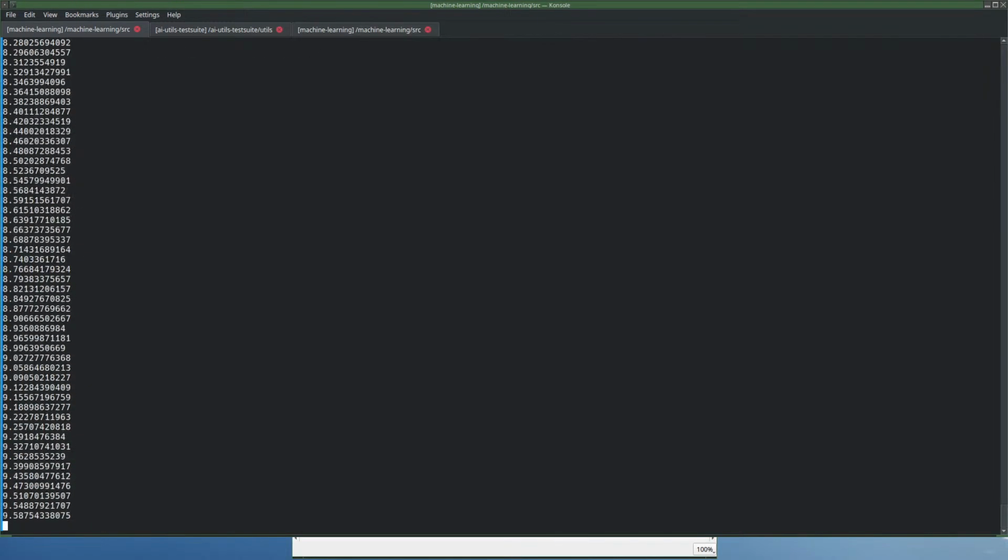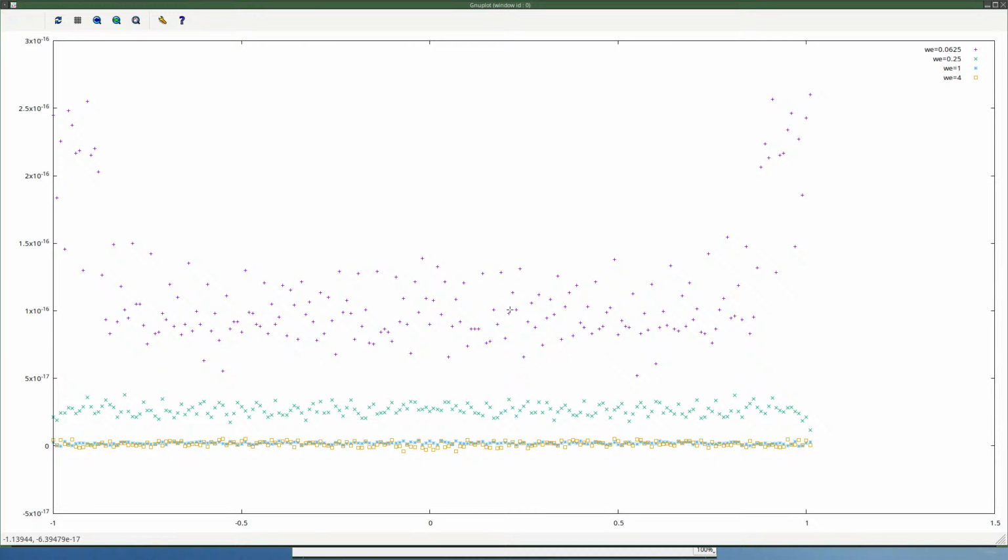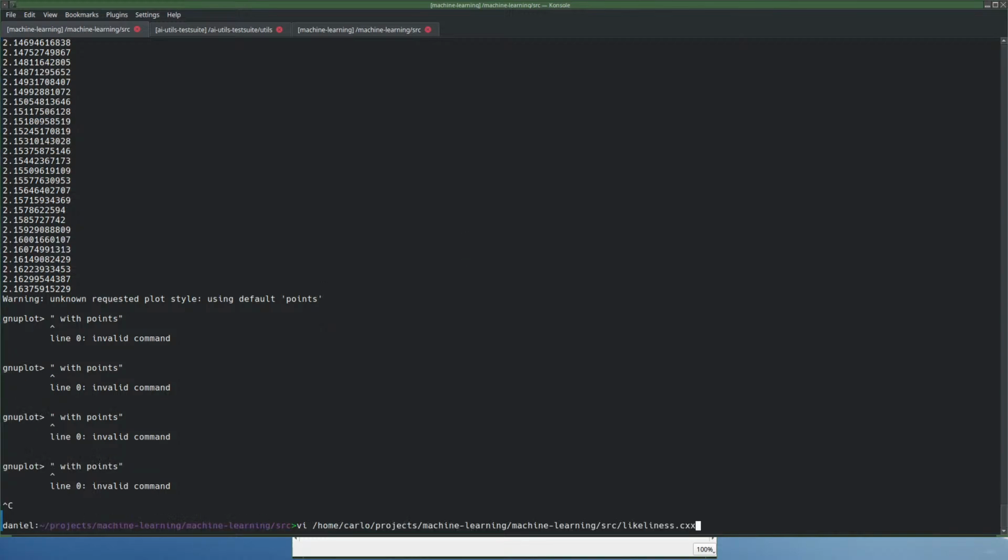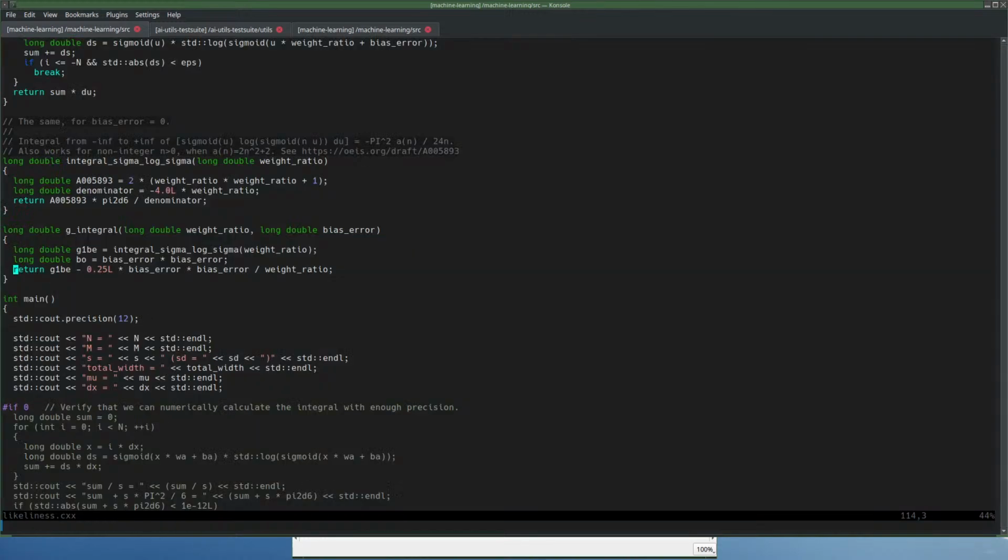Yep. There's still something off, right? Before we had it all down to 10 to the power minus 17. So for small WE now, the error is well significant-ish. So something is still a little bit off. Strangely enough, but what?